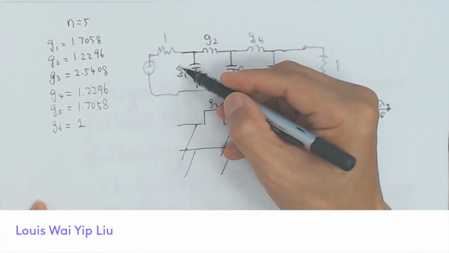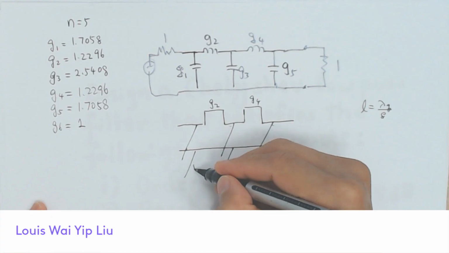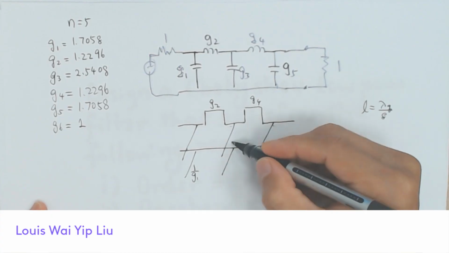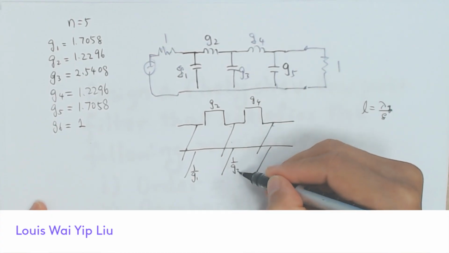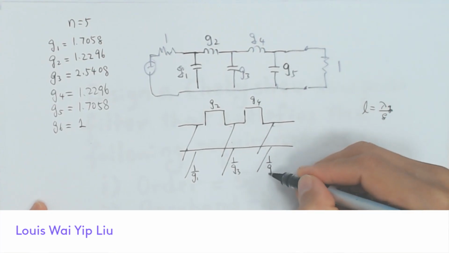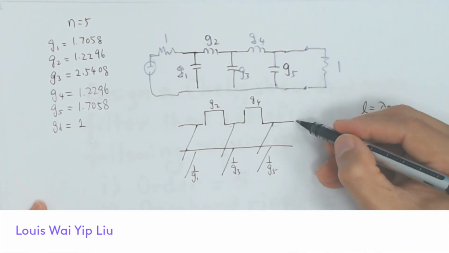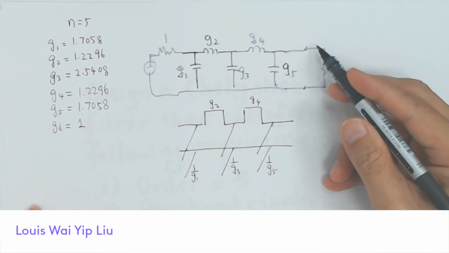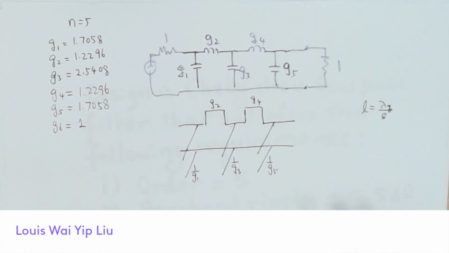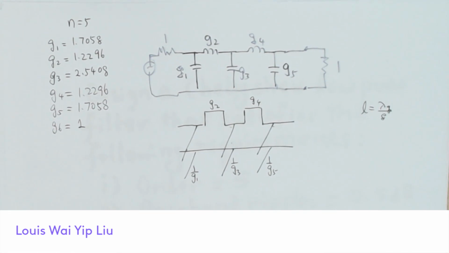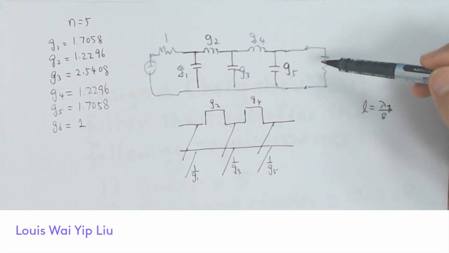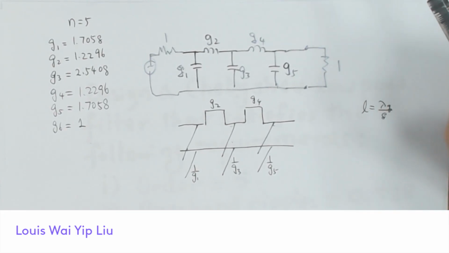This one will become 1 over G1, and this one is 1 over G3, and this one is 1 over G5. And obviously, we need to terminate the filter with the input and output ports, but we don't do it in ADS. There's a reason. The filter itself needs some adjustment before you can move on to the next step.